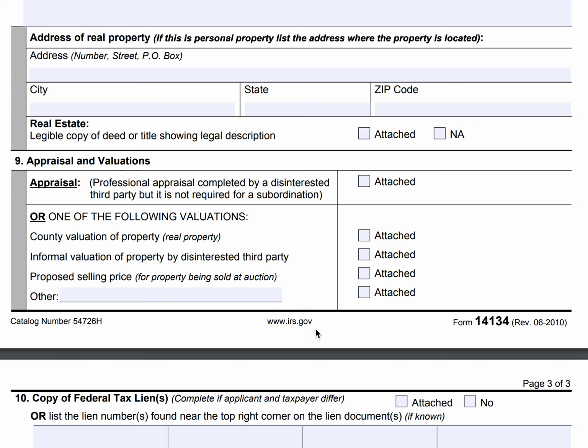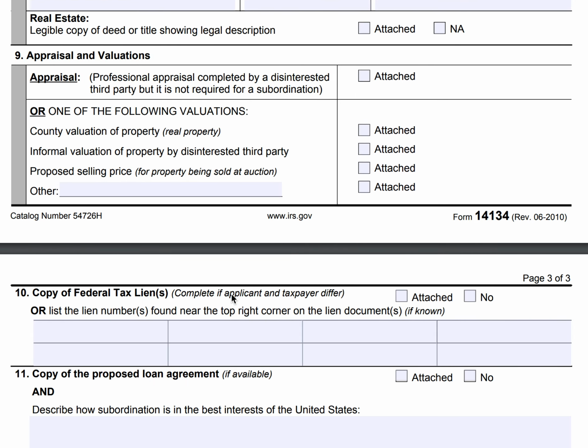If this was a property sold at auction or could be sold at auction and you had a proposed selling price, whatever the justification for the valuation is, go ahead and attach that. And if it's not one of these top 3, then enter in the other category.